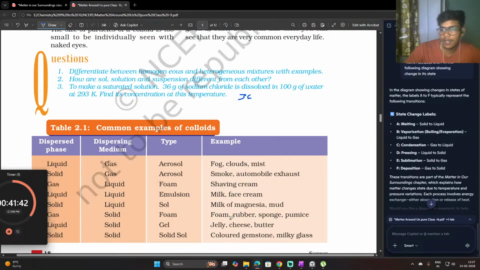To make a saturated solution, 36 gram of sodium chloride dissolved in 100 gram of water at 293 K. It's really easy. Find its concentration.